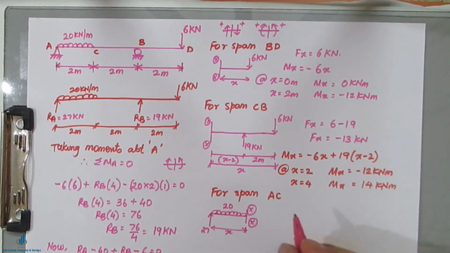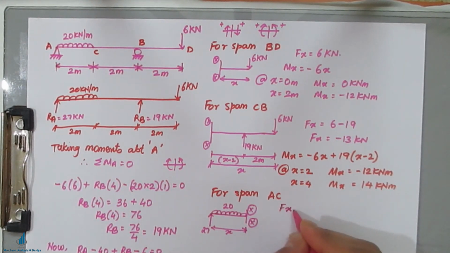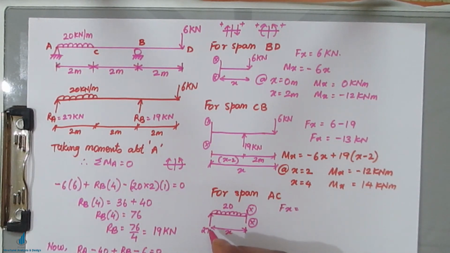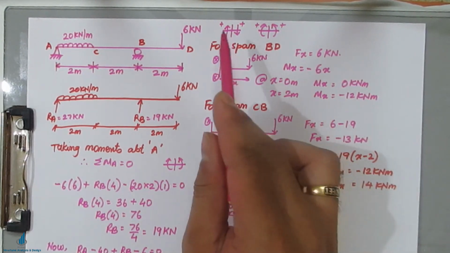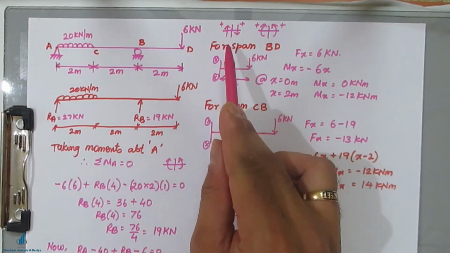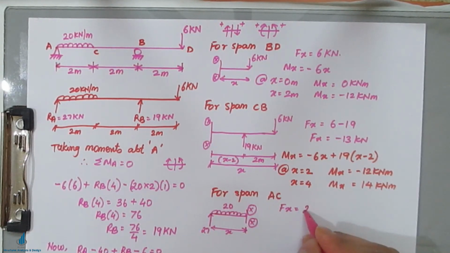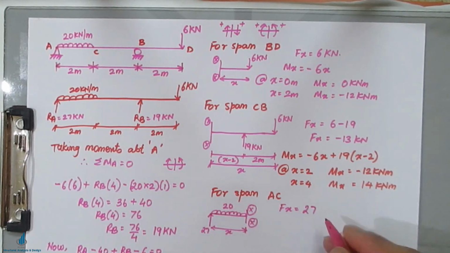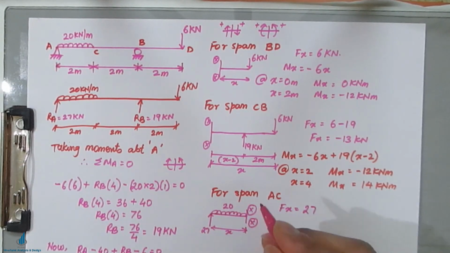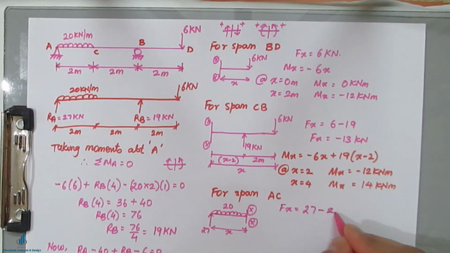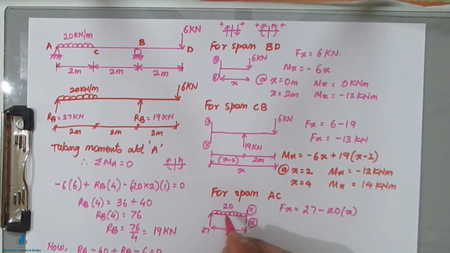Now we calculate the shear force. Fx equals, if you are taking from the left hand side, positive is upward, so this 27 is upward and becomes positive, and this 20 is negative because it is moving downward, so minus 20x. This 20 is a UDL, that's why the x comes into the picture.